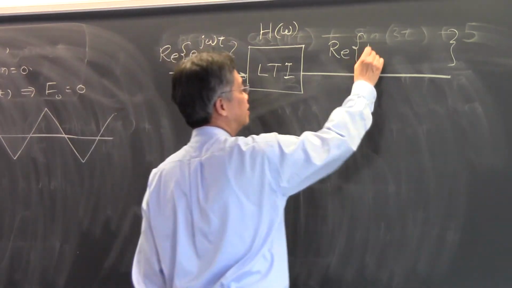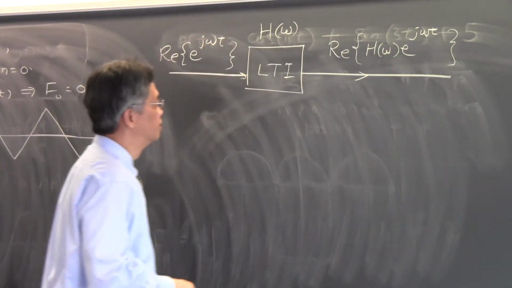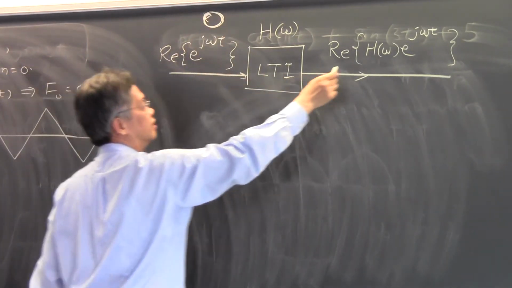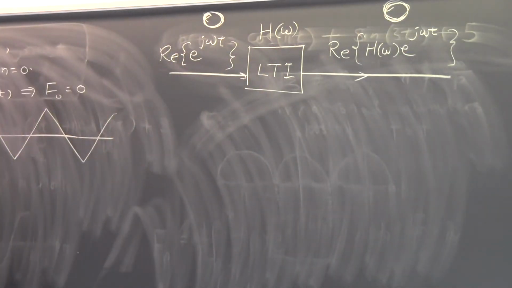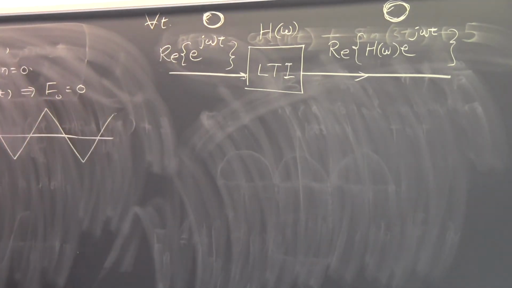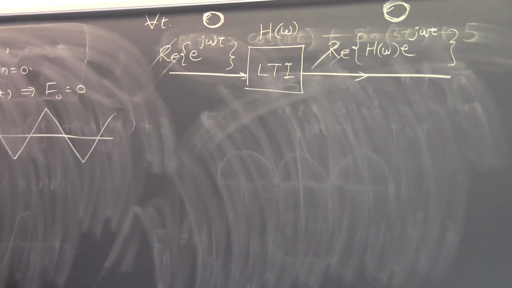H omega times e to the j omega t, right? And since this thing is going round and round in a circle in the complex plane, and this thing is also going round and round on the circle in the complex plane for all t, this is a mathematical symbol for all t. Okay? You can just remove the real operator, since the two functions have to be equal to each other for all t.